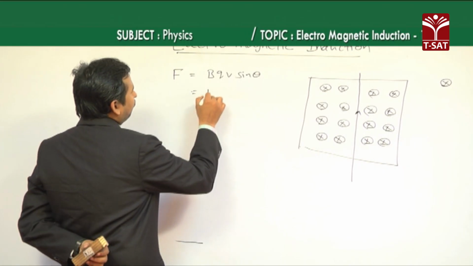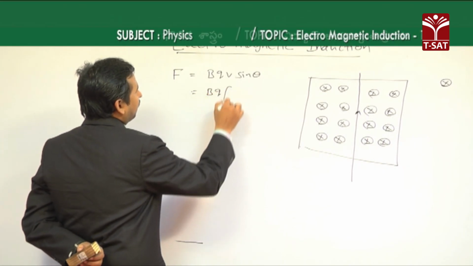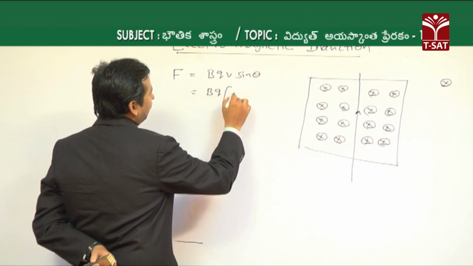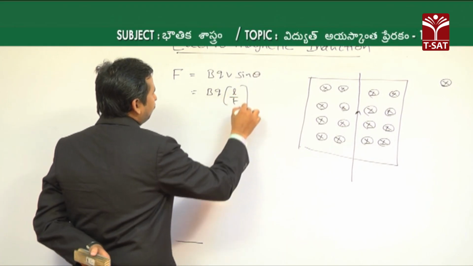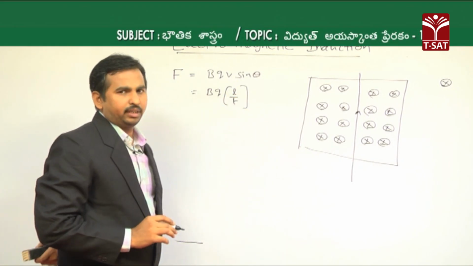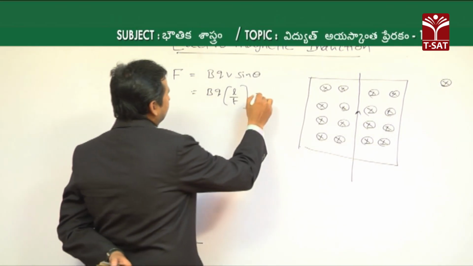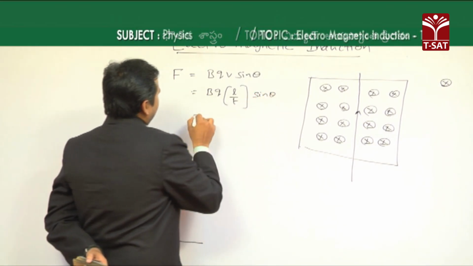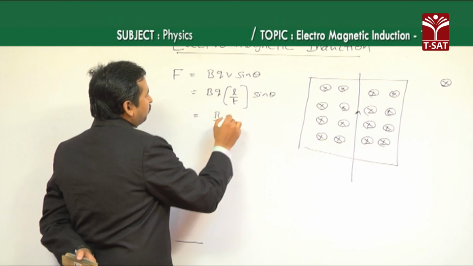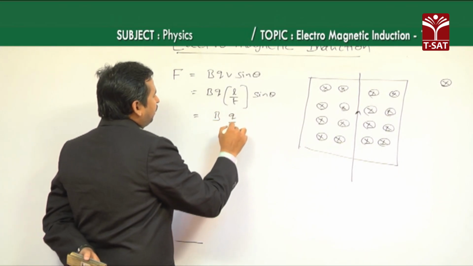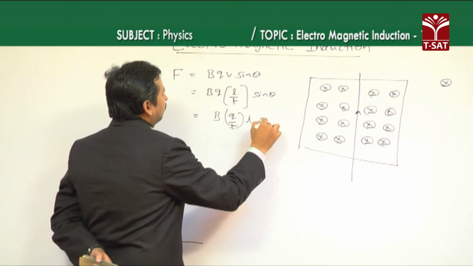So in place of V, we can write displacement by time, which is length by time, L by T, of sin theta. Then B into Q by T into L sin theta.